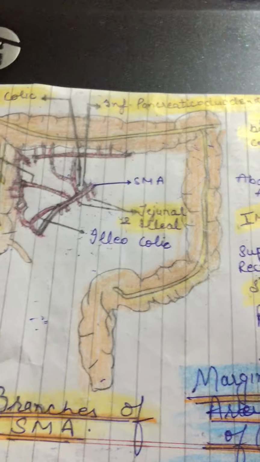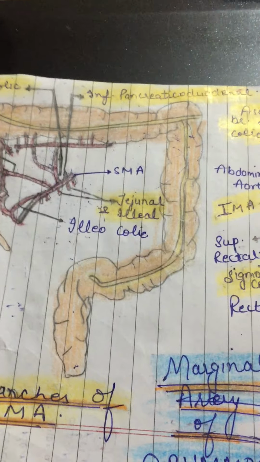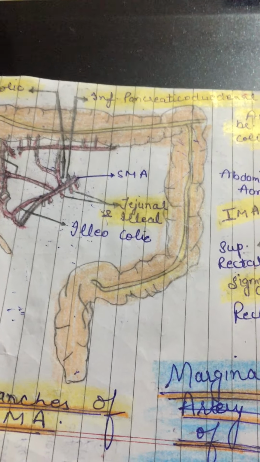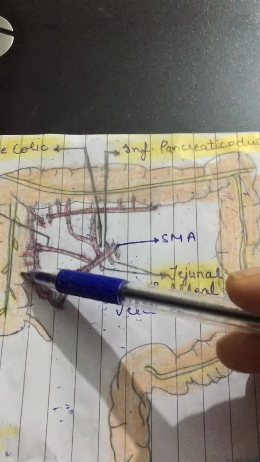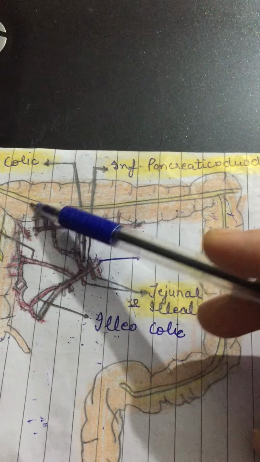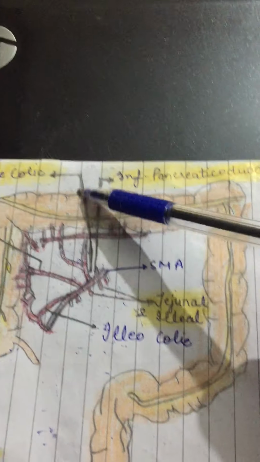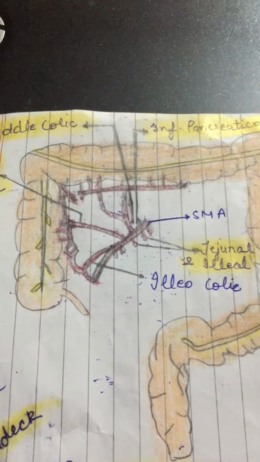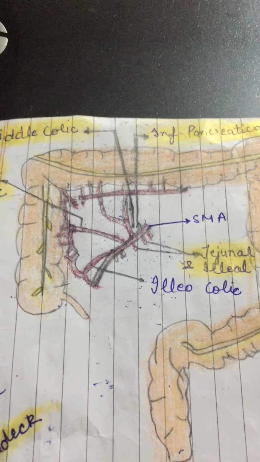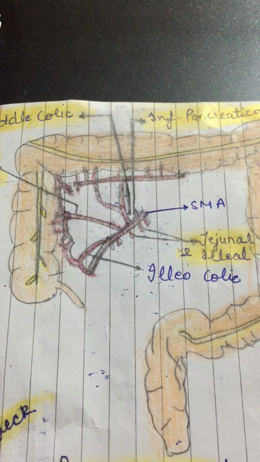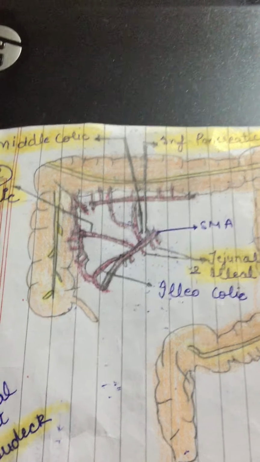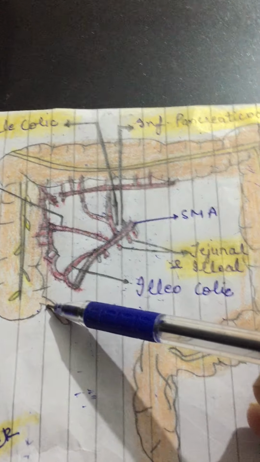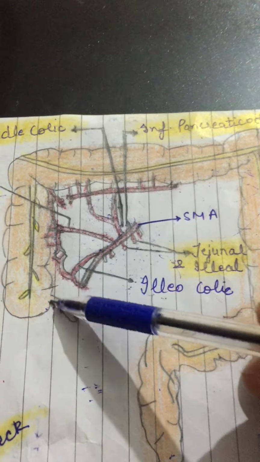Now let's discuss the superior mesenteric vein. The superior mesenteric vein drains blood from the small intestine, appendix, cecum, ascending colon, and transverse colon, that is, from the right side of the colon, right? The vein follows the course of the arteries. It begins in the right iliac fossa by union of the tributaries from the ileocecal region, and they follow the superior mesenteric artery.